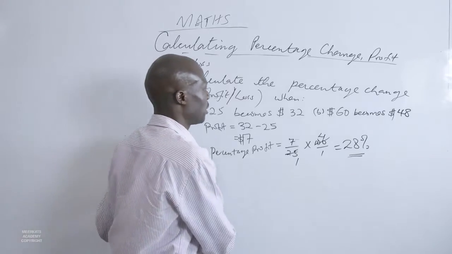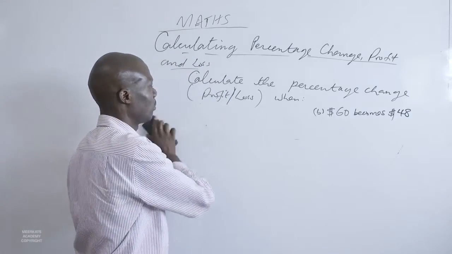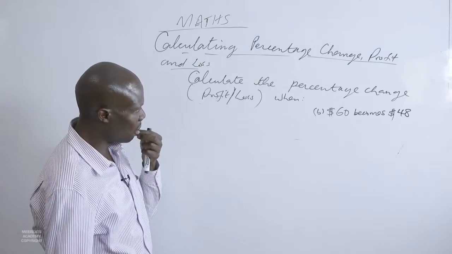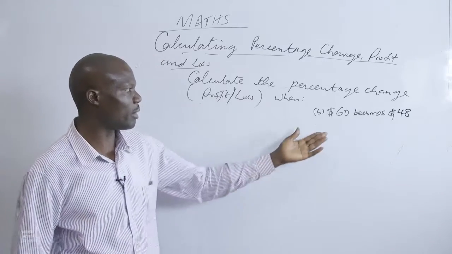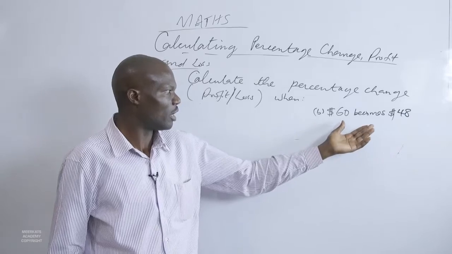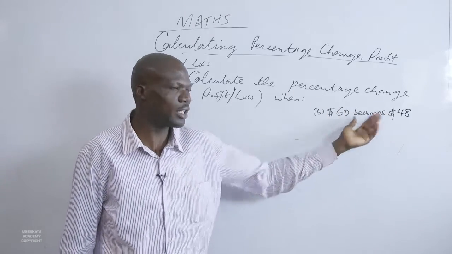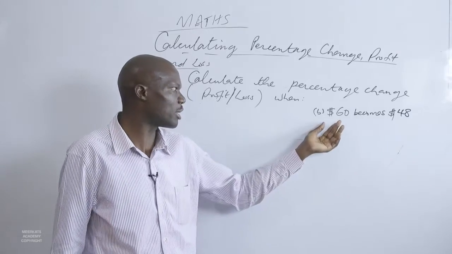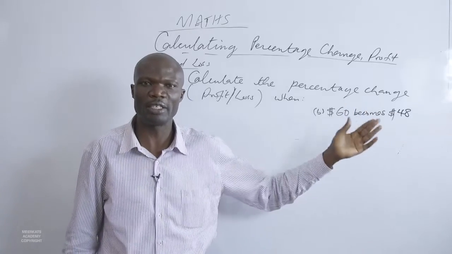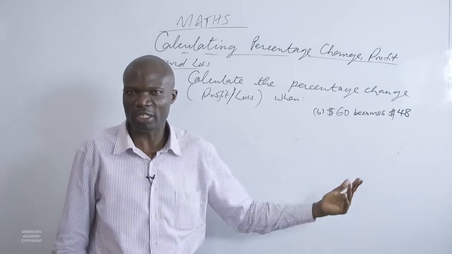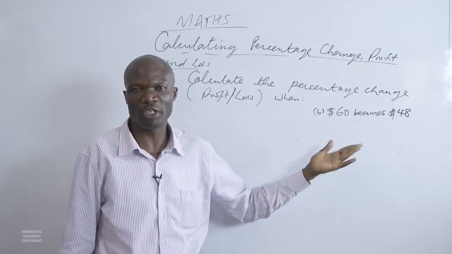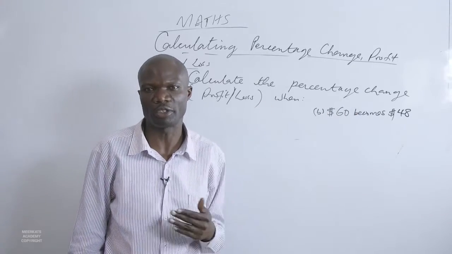For the second part, we've been asked to find the percentage change here. So I'll ask you, what is the change? If $60 has become $48, what is the change? Is the change representing profit or is it representing loss?